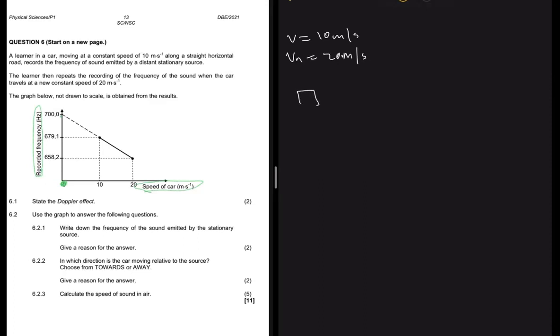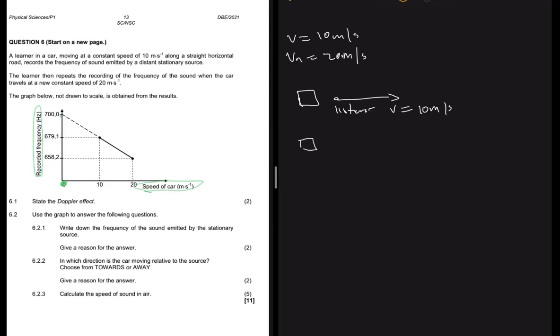This question is saying that the sound source is stationary. What is moving away is the listener, right? In the first scenario, the listener is moving away at a velocity of 10 meters per second.